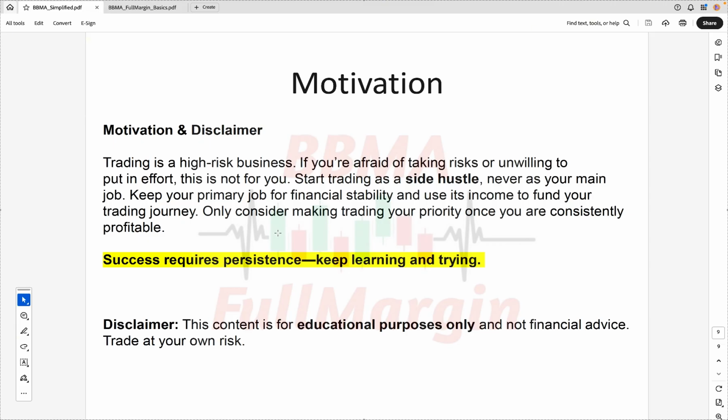If you think you are coming to this high risk business and you will be profitable in a week, a month, or a year, it's not possible, according to my experience. But you can try your luck. Luck also plays a vital role. So keep your primary job and financial stability, and use its income to fund your trading journey. Why am I saying this? Because it takes years to be profitable, so you need to fund your trading journey.